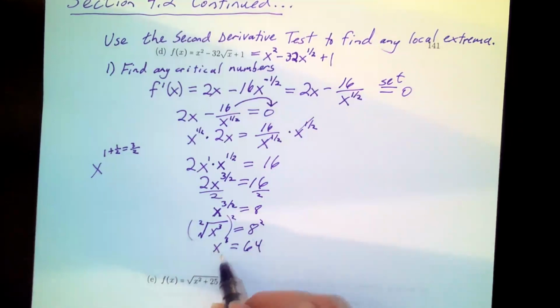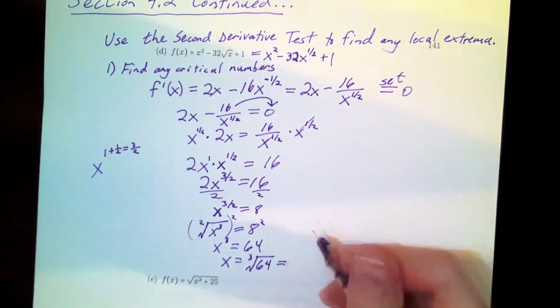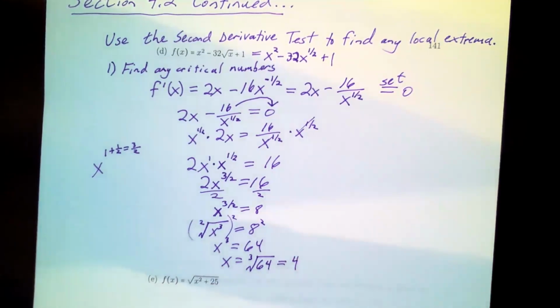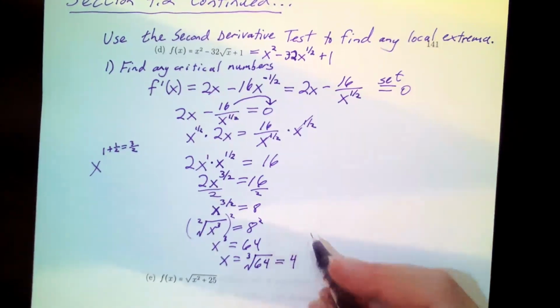And then I cube root both sides since that's x cubed. And if you cube root 64, you get x is 4. Since this is a cube root, you do not have to do plus or minus. Odd roots do not have the plus or minus case when you take a root. So I have one critical number, and it's x equal to 4.